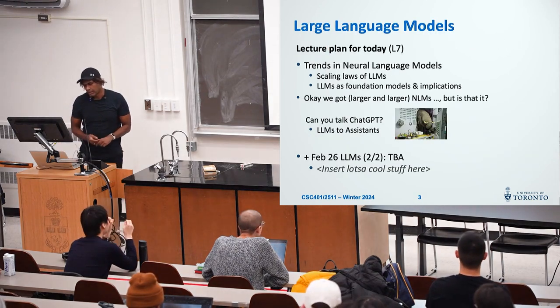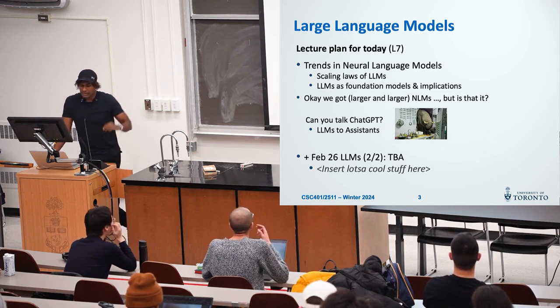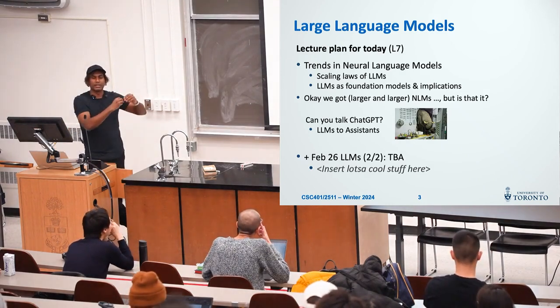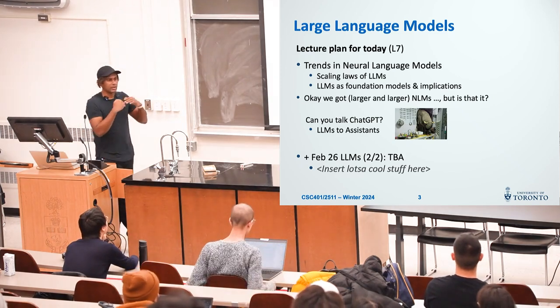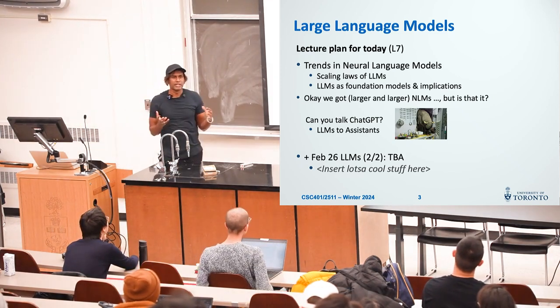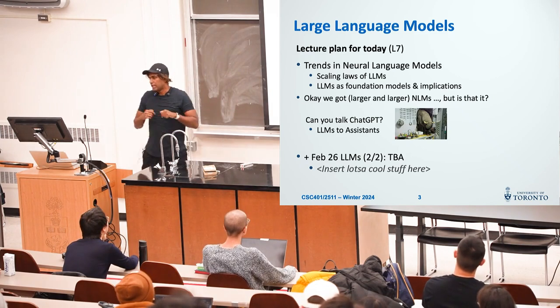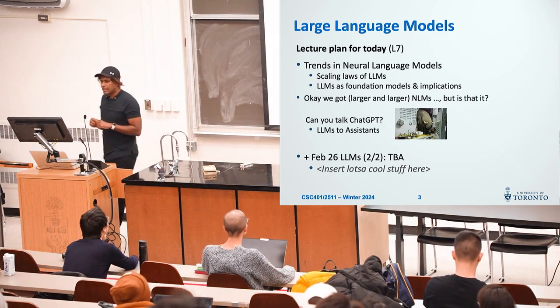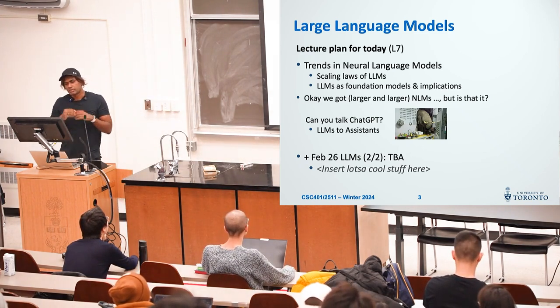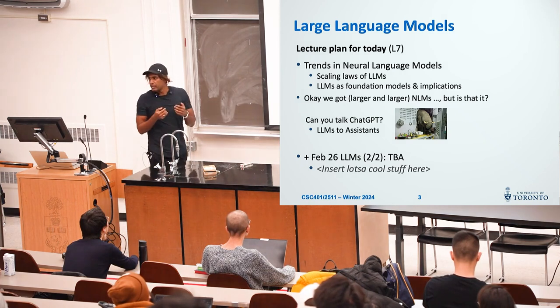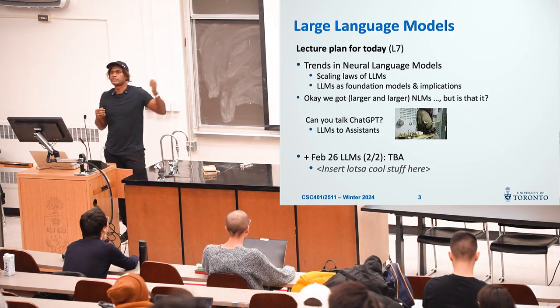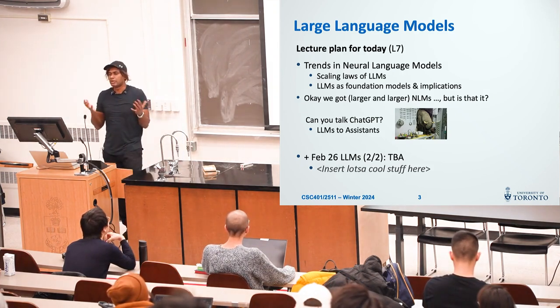Okay, so I think it's a seamless segue in the sense that we saw with GPT-3 that people are interested in, okay, if we make this larger, we get all these advantages, so let's make this larger. So that trend, and what are some of the implications and how it's been scaling, and are there any scaling laws? Can we formalize that? How big can we get? Is it just about increasing the size, and if it is, how does it scale with everything else?